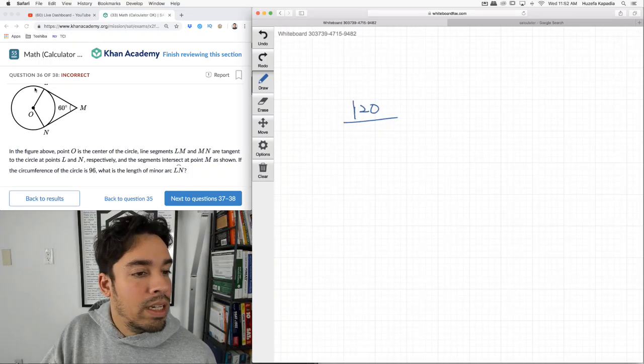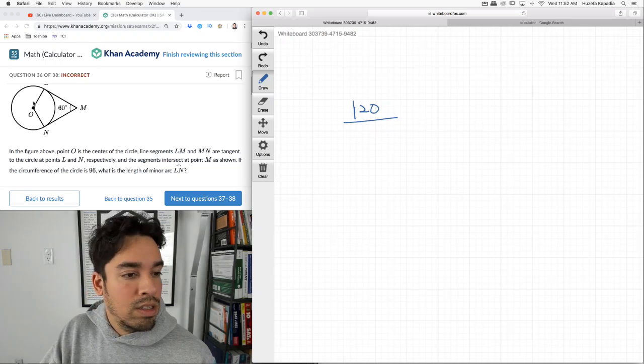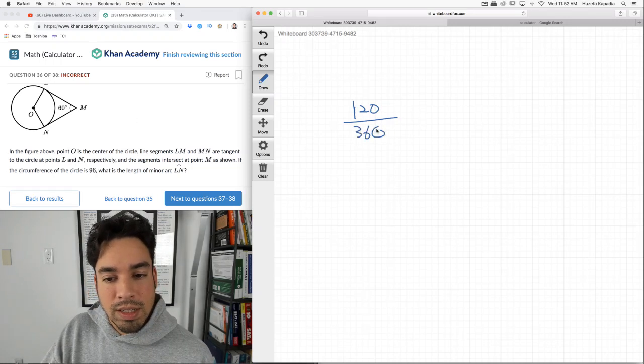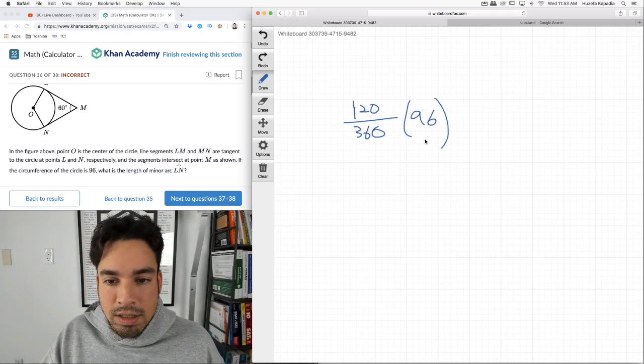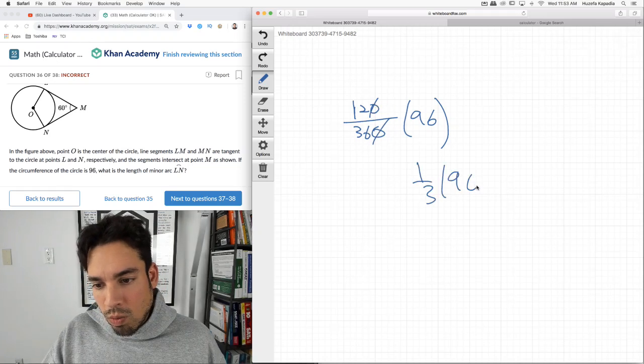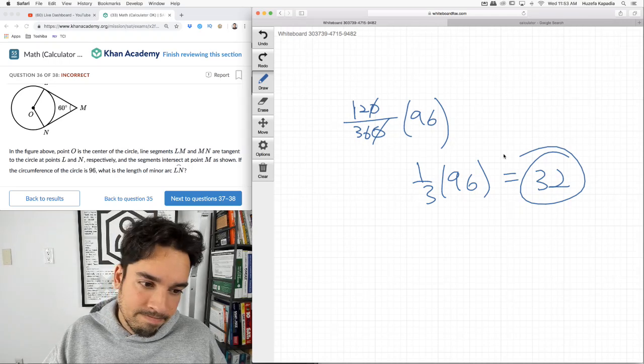But then I forgot when they give you a value of the entire circumference, the way we get the value of a minor arc is we take the central angle, 120 over 360, times the circumference, which in this case is 96. So this is 12 over 36, which is 1/3 times 96, which is 32.